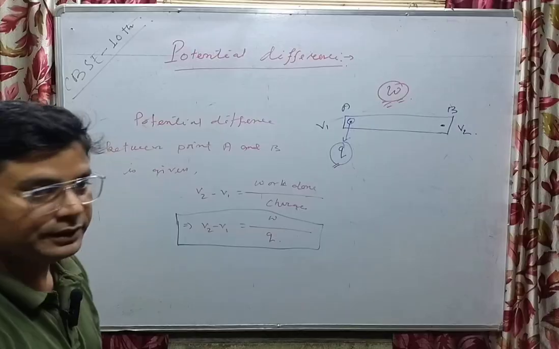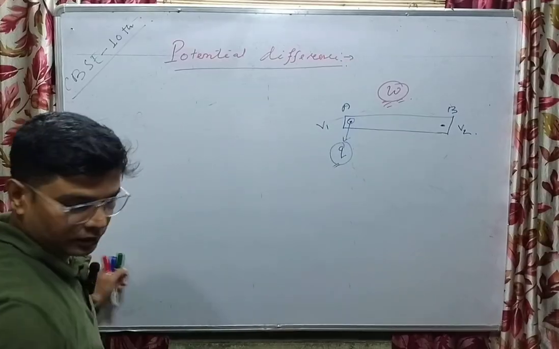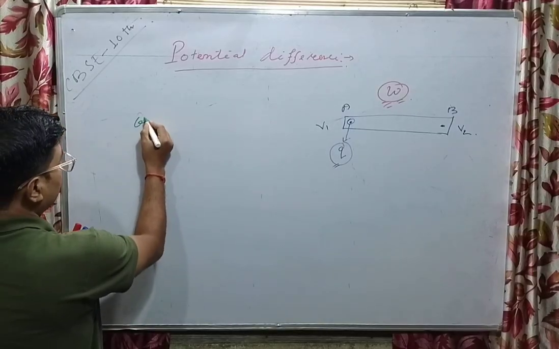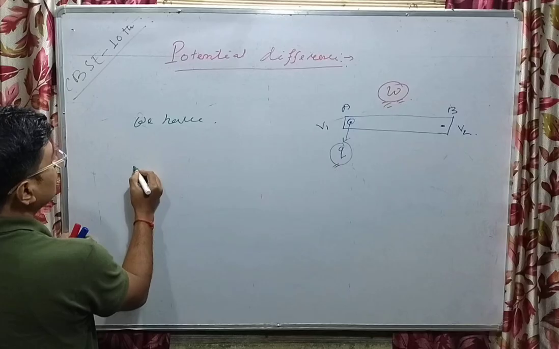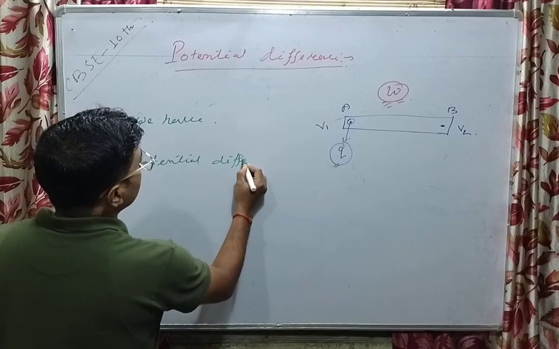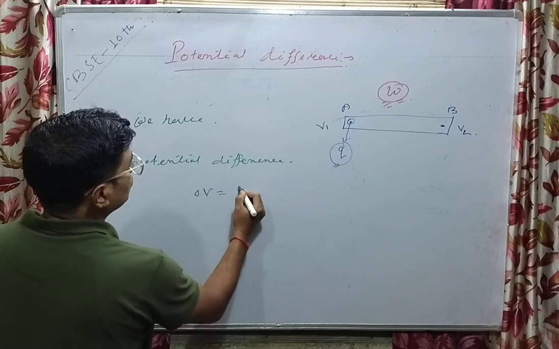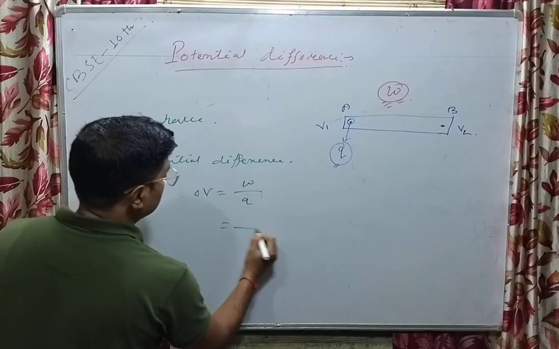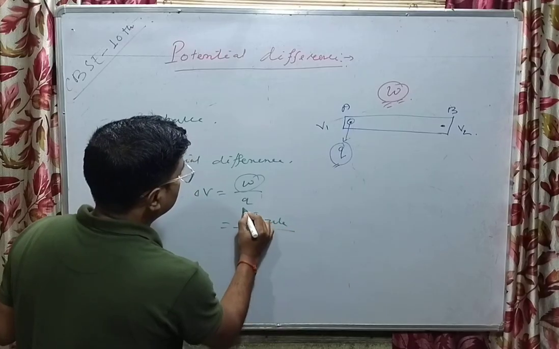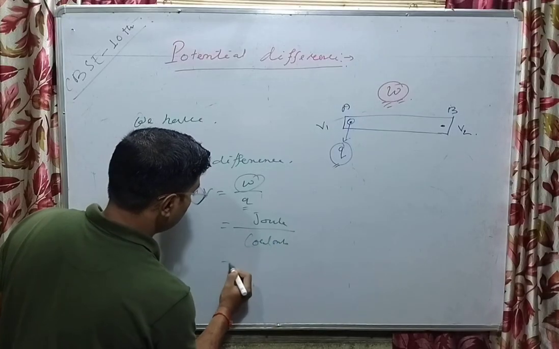We have potential difference delta V is equal to work done by Q. The SI unit of work done is joule and the SI unit of charge is coulomb.